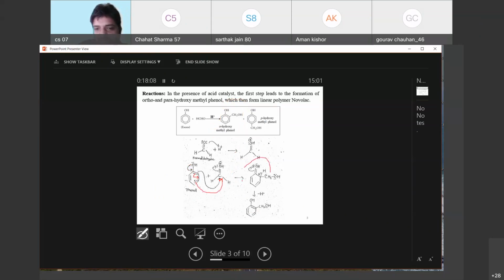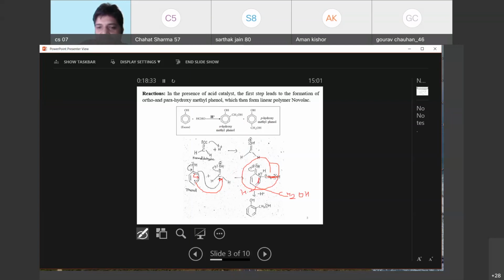Now in this product structure, the CH2 group will be on the para position. Your CH2OH group will come here. Now you will have this group here on the para position and hydrogen also here, and the double bond will stay here like this.